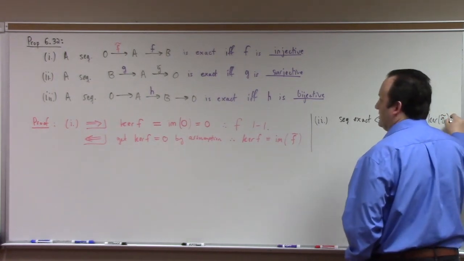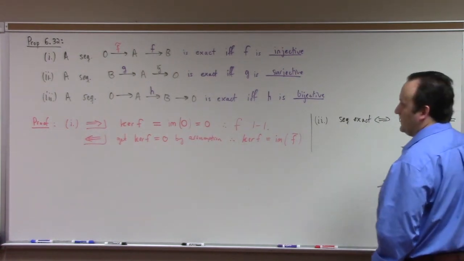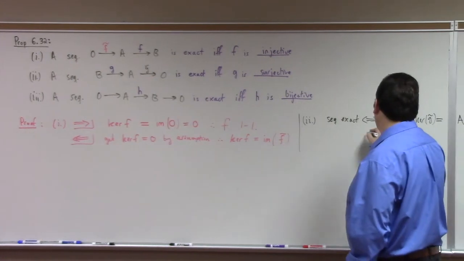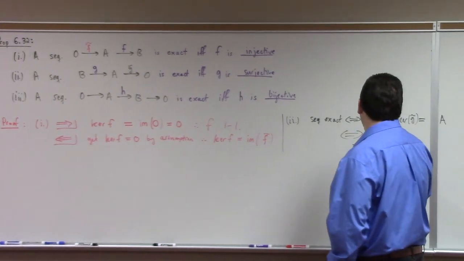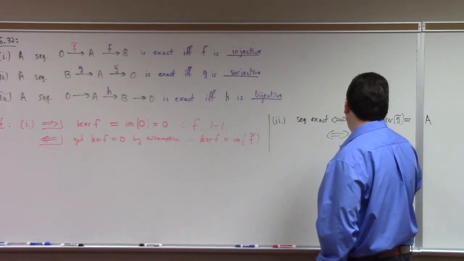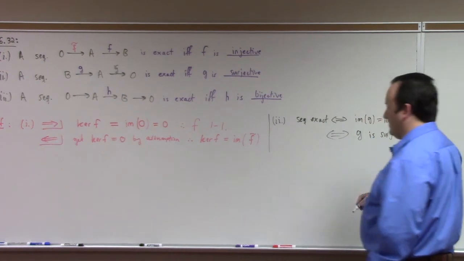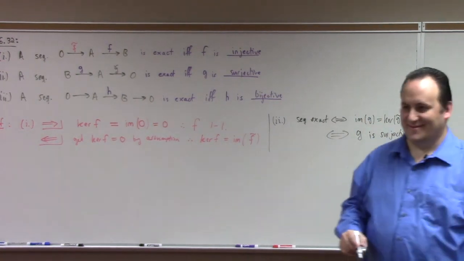The kernel of G tilde is A by the given diagram. So this is if and only if what? But yeah, your heart was in the right place.